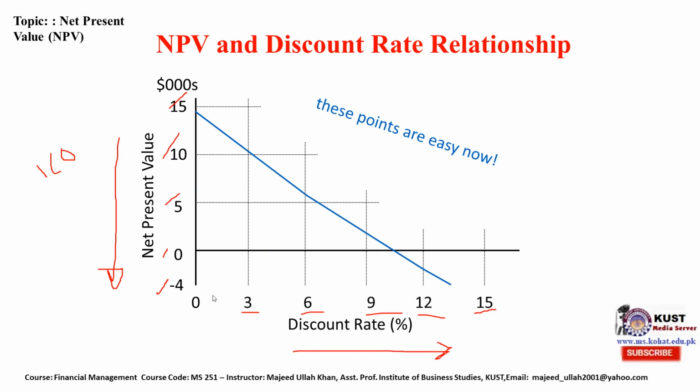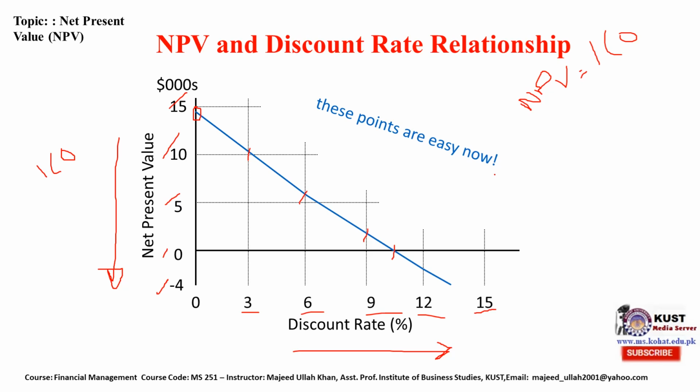When the discount rate is zero, all cash flow that has been calculated will be the net present value of the cash flow. When we increase the rate, the net present value slowly and gradually decreases, and at this point net present value becomes zero. Why is it zero? Because the present value of all cash flow is equal to the initial cash outflow, so it gives us zero.